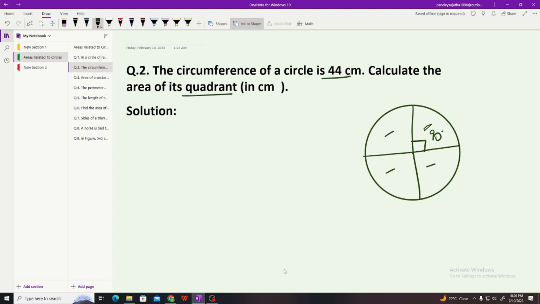How it is? We know the complete angle is 360 degree, and if we divide this 360 into 4 equal parts, then we get the theta of each sector as 90 degree.